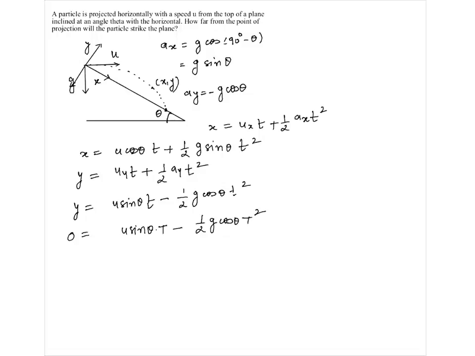Time of flight cannot be 0. Put that capital T here and here. Simplify as much as you can. That will be the answer for range.